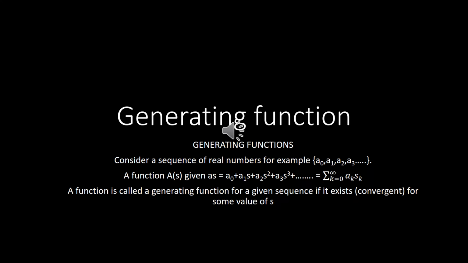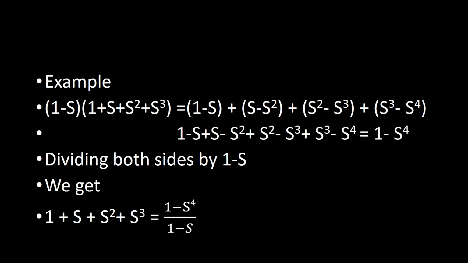Thank you. As we continue, let us check on an example. 1 minus s, in bracket, times 1 plus s plus s squared plus s power 3, is equal to 1 minus s plus s minus s squared plus s squared minus s cubed plus s cubed minus s power 4.